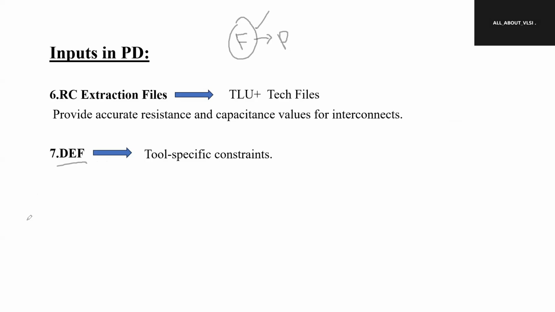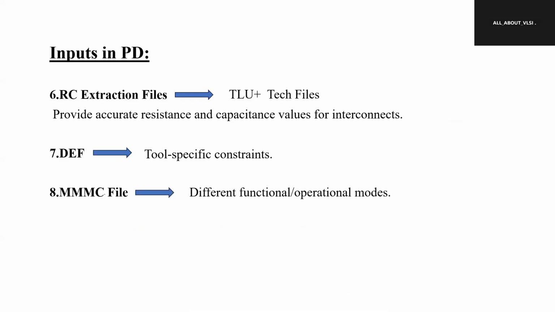Are you clear? Okay. And after that we are having another file called the triple MC file. Triple MC file means multi-mode, multi-corner file. In that file we are having different functional and operational modes.